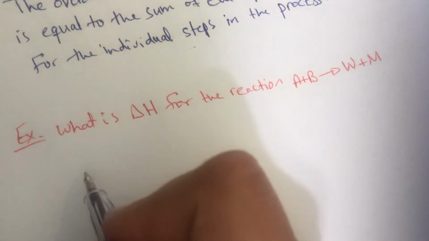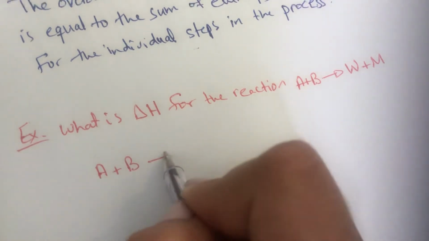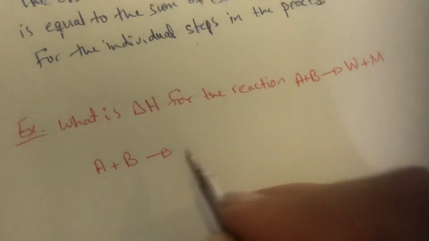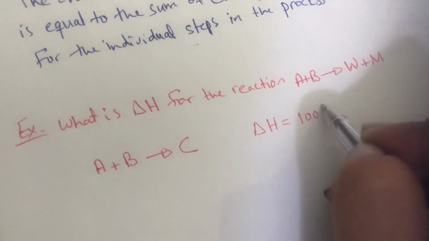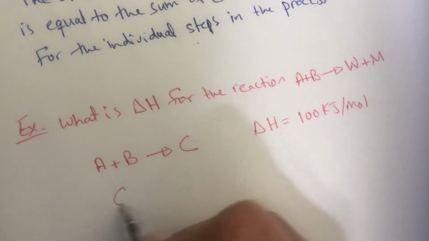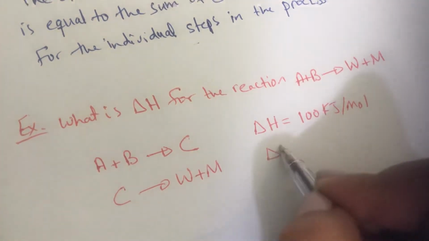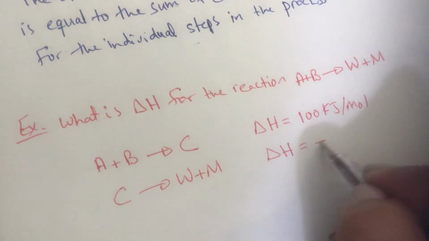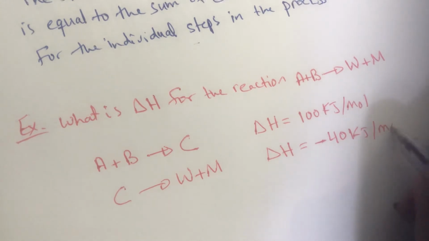If this reaction occurs by two steps: A plus B to produce C, delta H equals 100 kilojoule per mole, and C decomposed to W plus M, delta H equals minus or negative 40 kilojoule per mole.